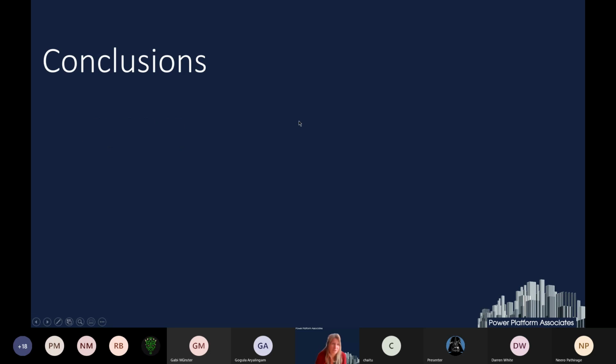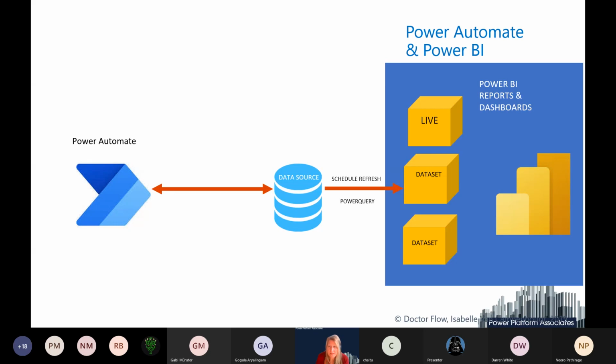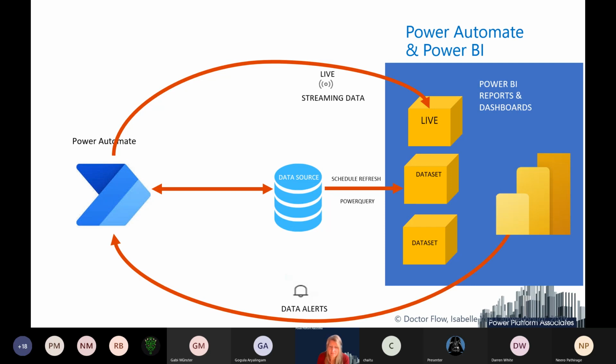I have no idea about the time, but it's time for the conclusion, at least. So if I want to summarize all the action and interaction that we have into Power Automate and Power BI, that can be a very happy marriage between them. So we can have, of course, Power BI and Power Automate working on the same data source. Power Automate is able to write data into streaming data set, and Power BI is able to trigger Power Automate via the data alerts.